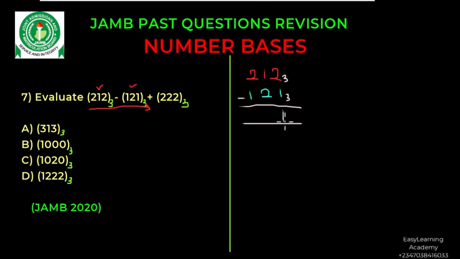And 1 minus 2 in base 3 is not possible, so we borrow 1 from the 2, and the 1 we borrow becomes 3. Then 3 plus 1 is 4, so 4 minus 2 gives us 2. Here remained 1, so 1 minus 1 is 0.